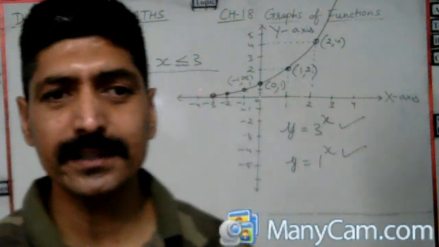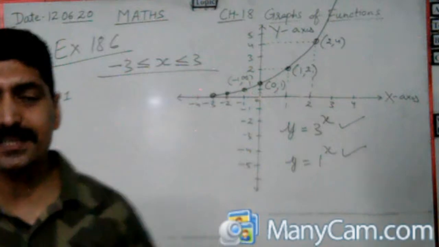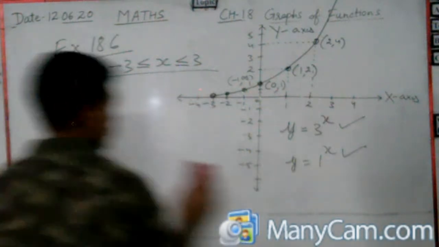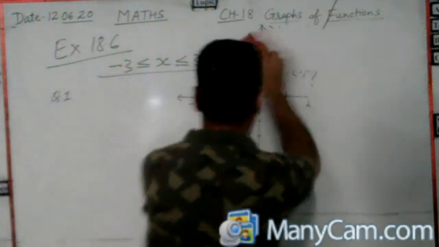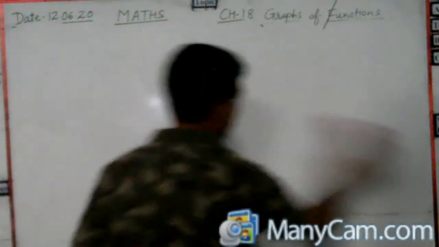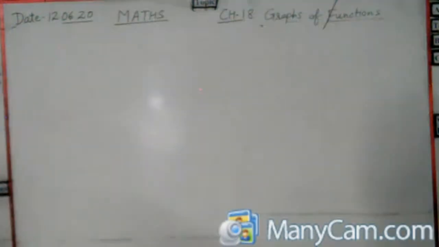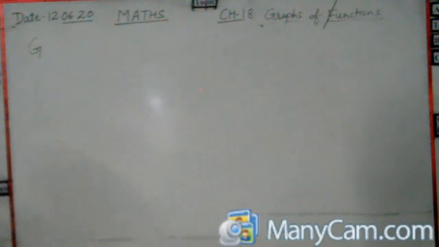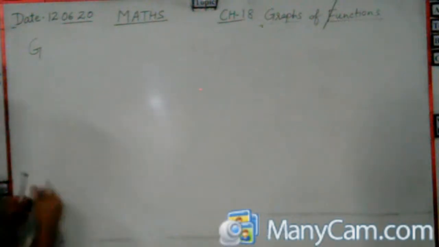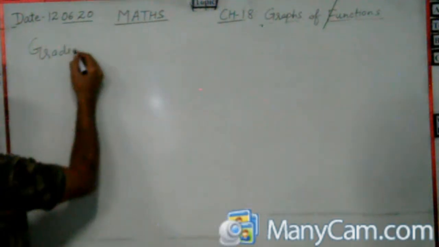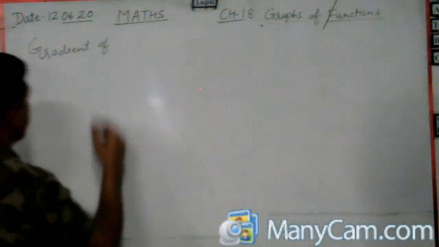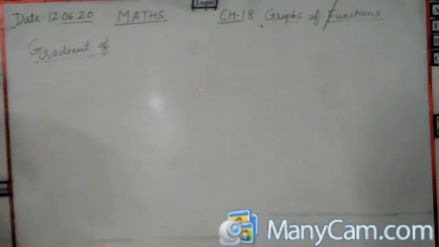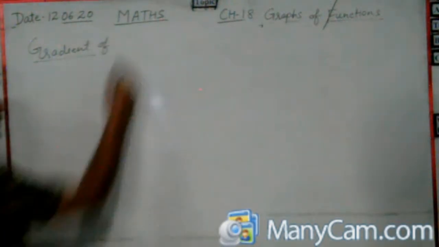At a particular point, the slope of the tangent is the gradient. That is the gradient of curves.